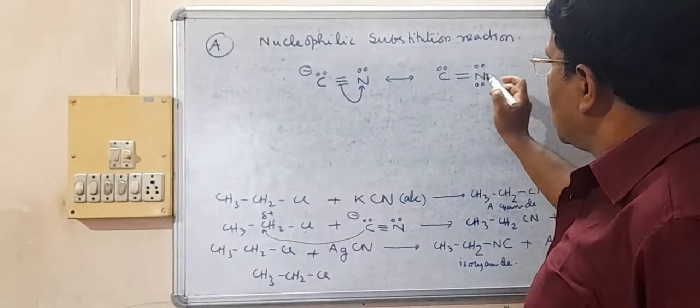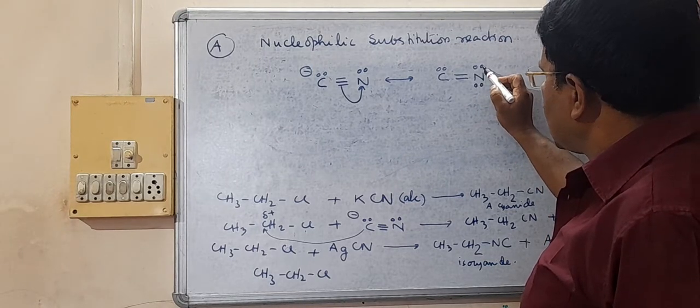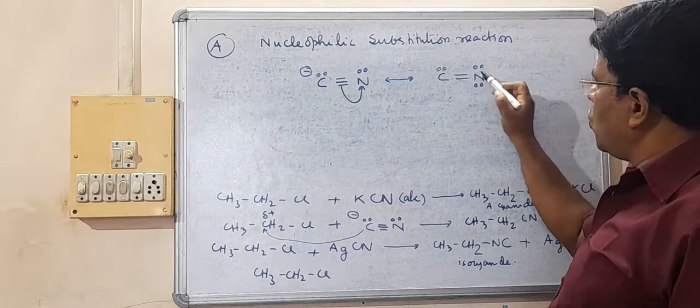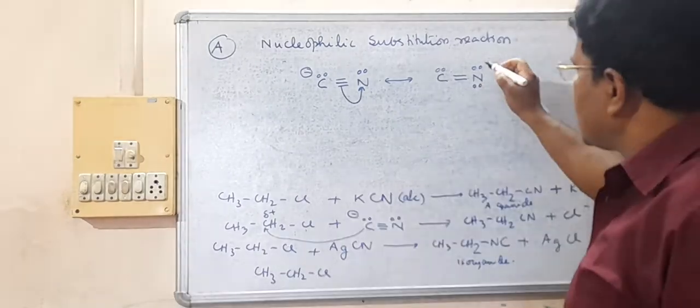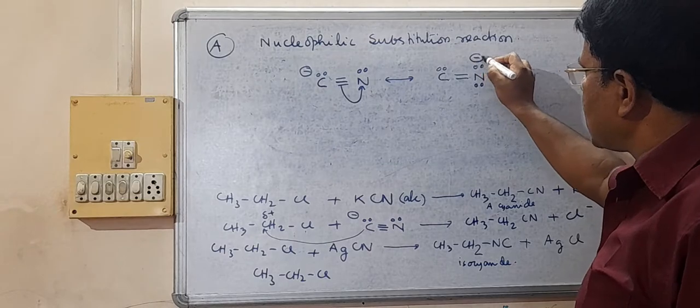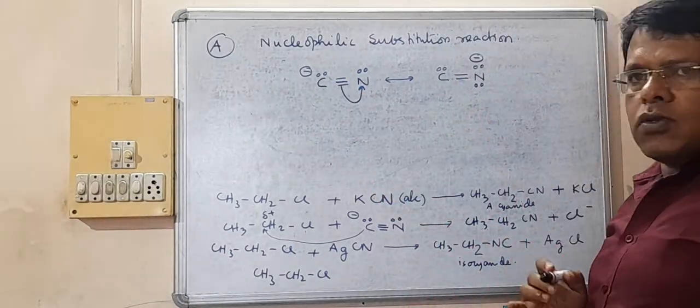Now the negative charge will be on nitrogen. You see, nitrogen has how many electrons surrounding it? 1, 2, 3, 4, 5, 6. 6 electrons. Normally nitrogen has 5. So here it is minus. In this structure carbon is minus, in that one nitrogen is minus.